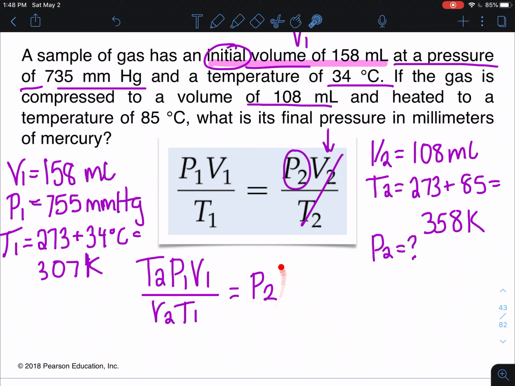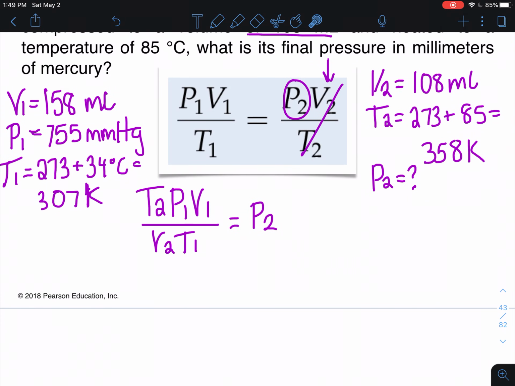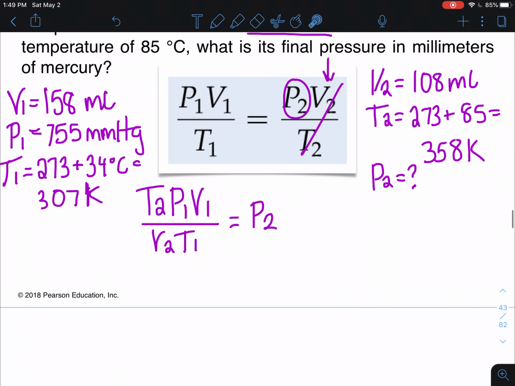Now that we have our equation appropriately arranged, and we're solving for the right value, which is our final pressure, all we have to do is plug in our numerical values. I'm double checking my math with my calculator. T2 is 358 Kelvin, multiplied by P1.